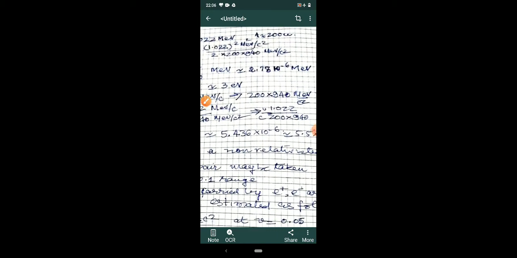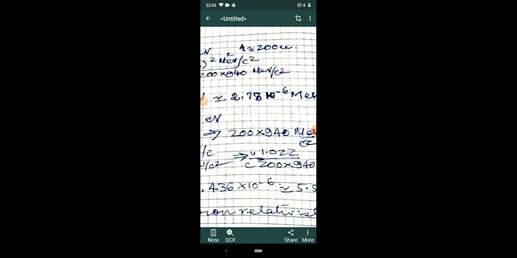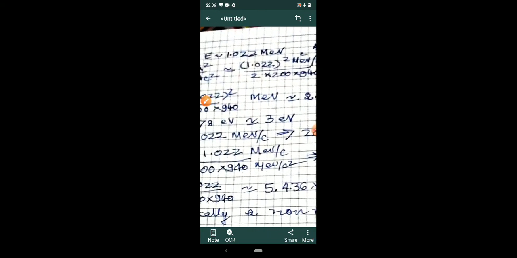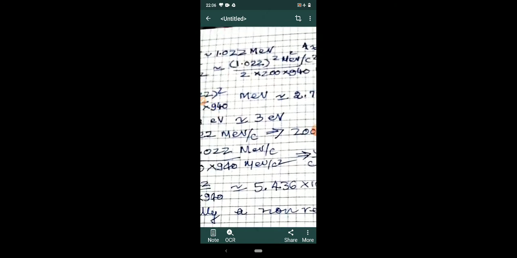And therefore this estimate is nearly 2.78 times 10 to the power minus 6 MeV, or if you go for the approximation, then it is nearly 3 electron volts.